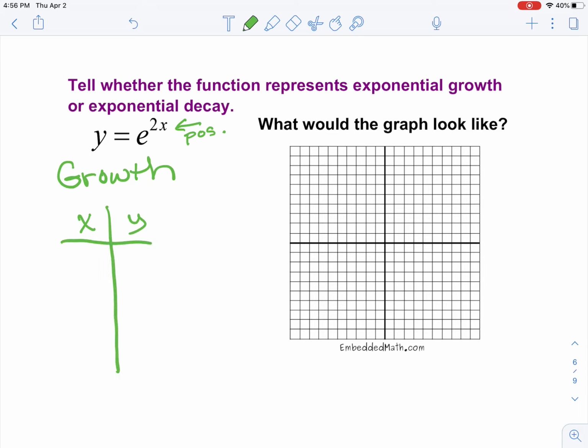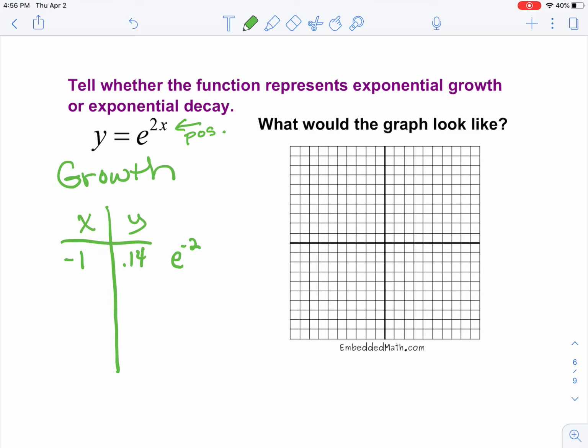Love the XY charts. So if I put in a -1, that's going to give me e to the -2. So on your handy dandy calculator, you're going to push in e to the -2 power, and you're going to get approximately 0.14.